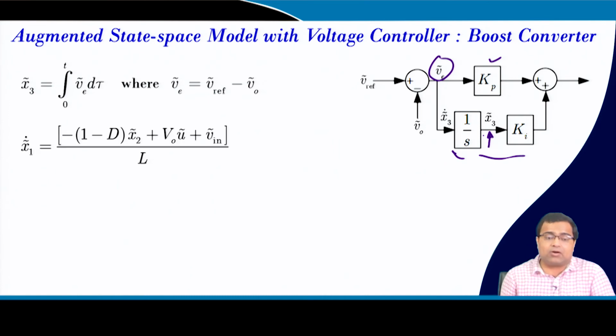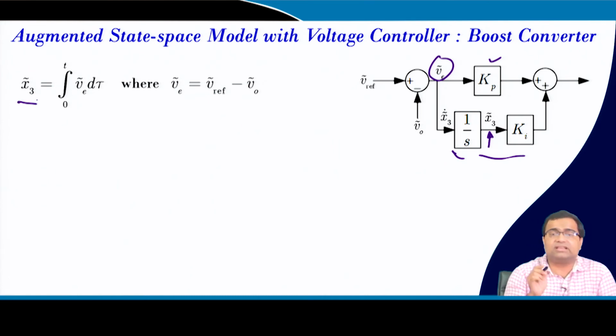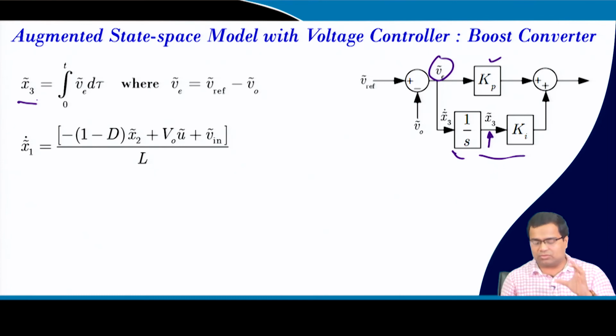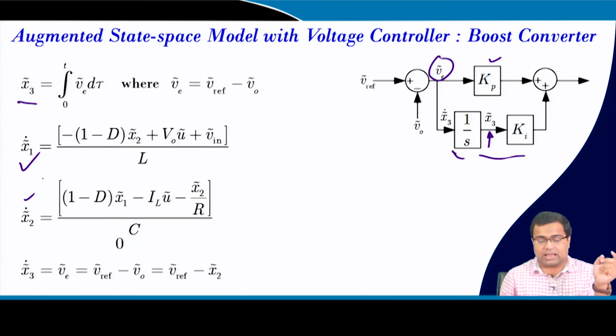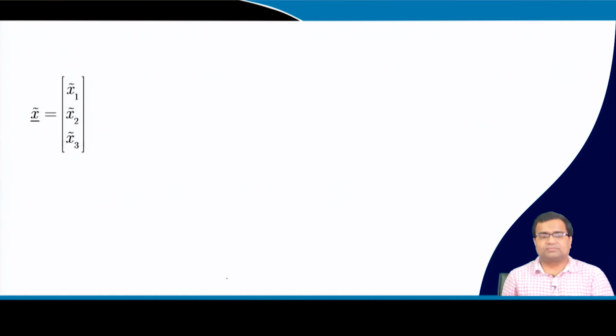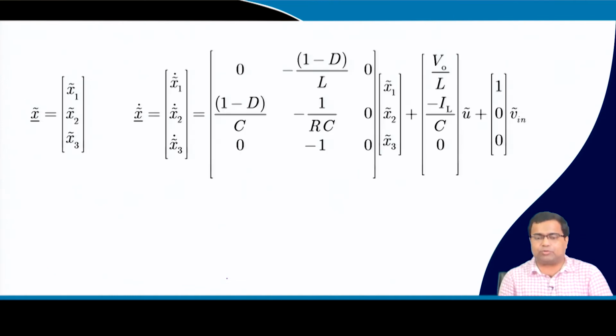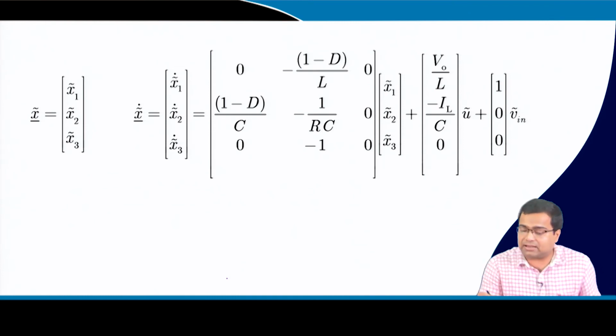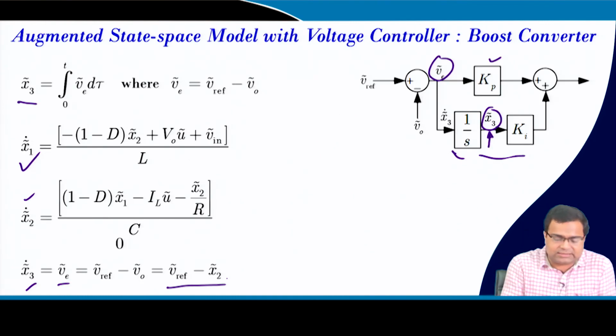So now the third state is this. The first state and second state we have already discussed, and the third one is the augmented state, whose derivative is nothing but the error voltage, that is Vref minus x2 perturb. If we write the perturbed state space model, then you will obtain this perturbed model, and going back to the last equation, you also have a Vref perturbation term.